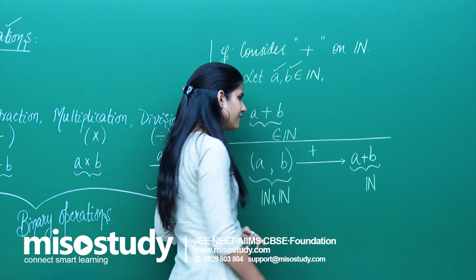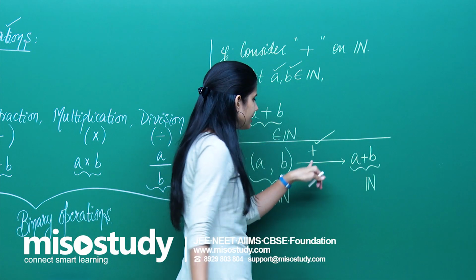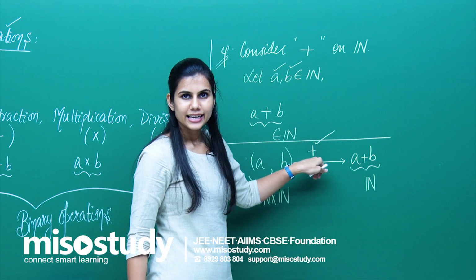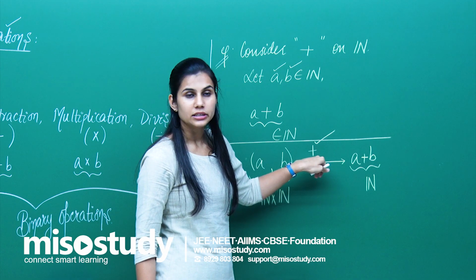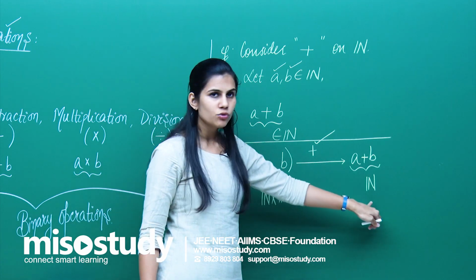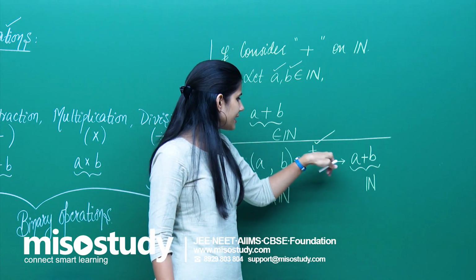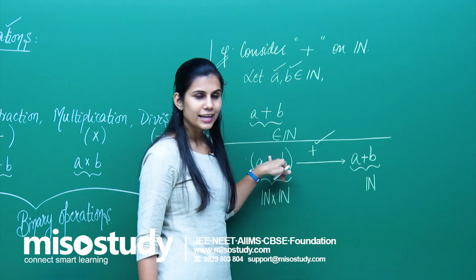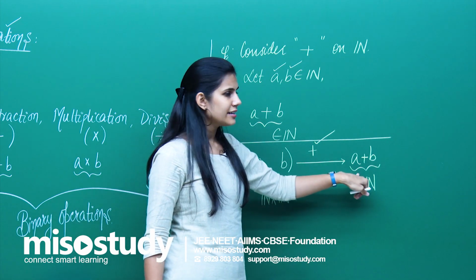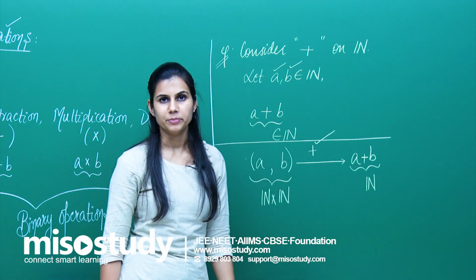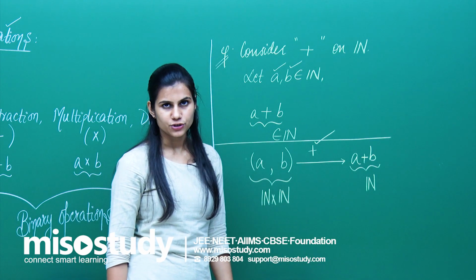So I can very well now say that this operation is acting as a function from N cross N to N, such that it acts upon every ordered pair a comma b in N cross N to create a natural number a plus b. That is what this plus is doing.